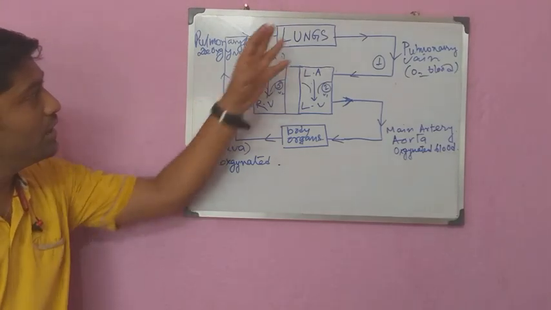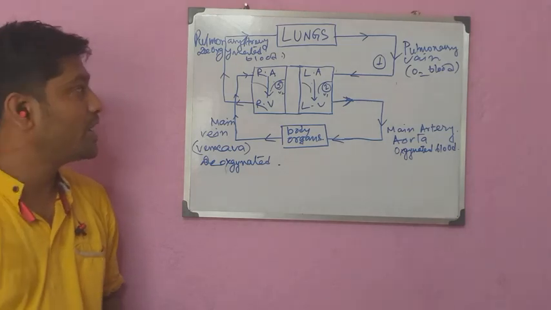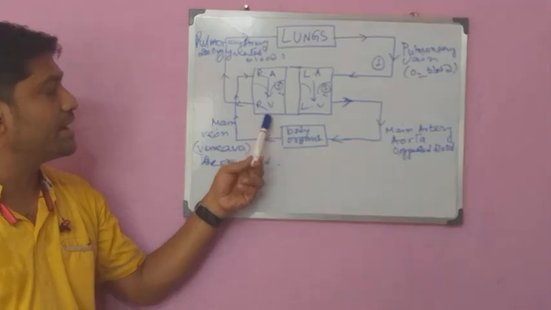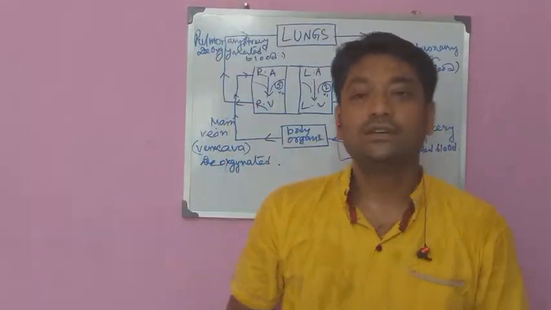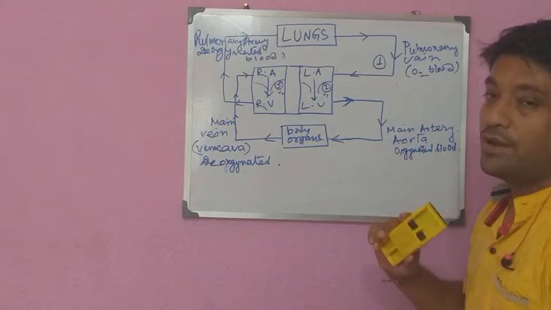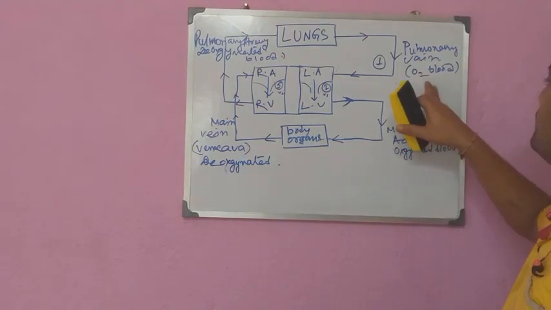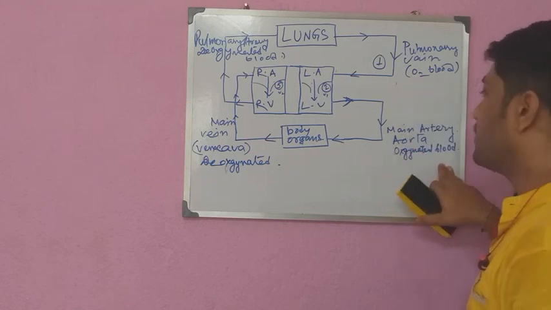So this is all the blood circulation in the human body. In the heart there are four chambers: left atrium, left ventricle, right atrium, right ventricle. First, lungs, pulmonary vein, main artery, oxygenated blood.